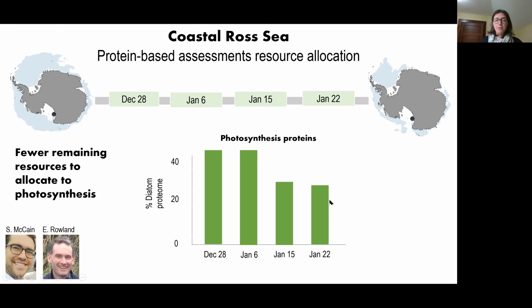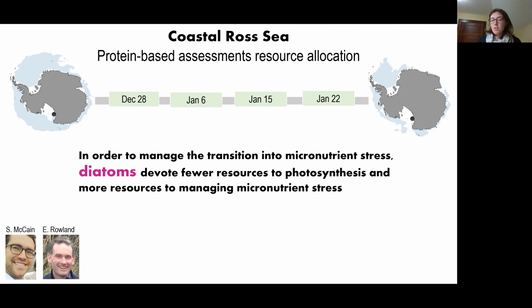So this suggests that there are fewer resources remaining after they've changed their protein allocation to cope with that micronutrient stress. So what we're seeing is that in order to manage the transition into micronutrient stress, diatoms are devoting fewer resources to photosynthesis and increasing the resources they devote to manage micronutrient stress.